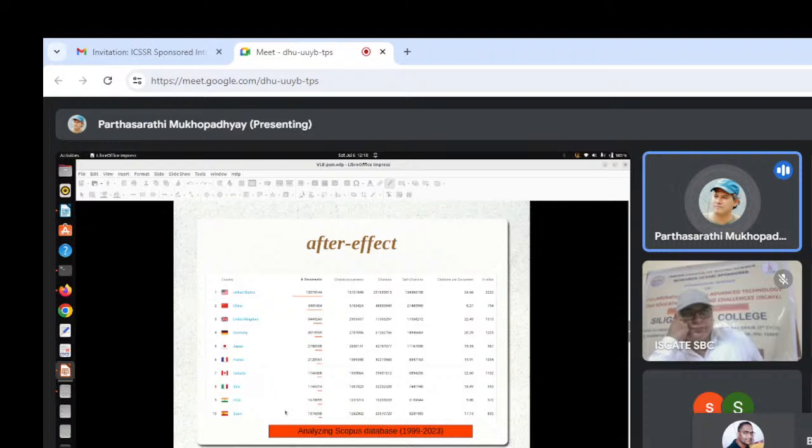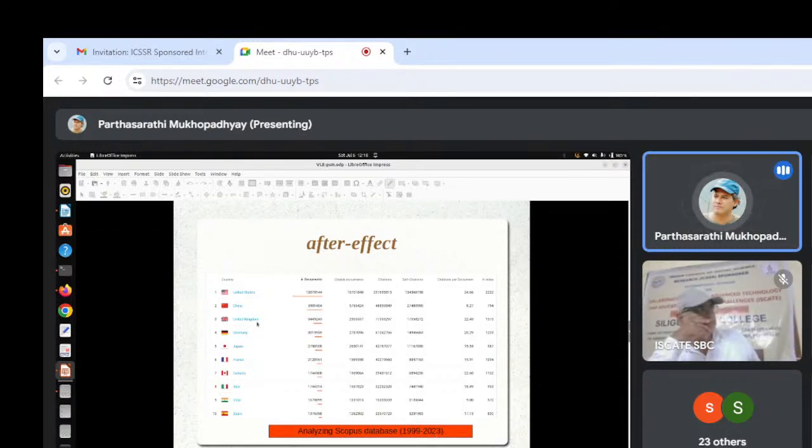And India is still managing a top 10 position, but you see we have produced only 0.16 million research papers in the last 25 years. The United Kingdom, and you all know the size of the United Kingdom is hardly the size of a big district of India, has produced almost double the papers we produce, 0.34 million research papers.